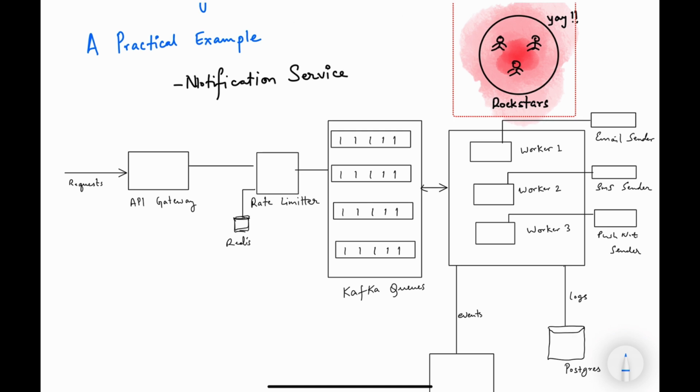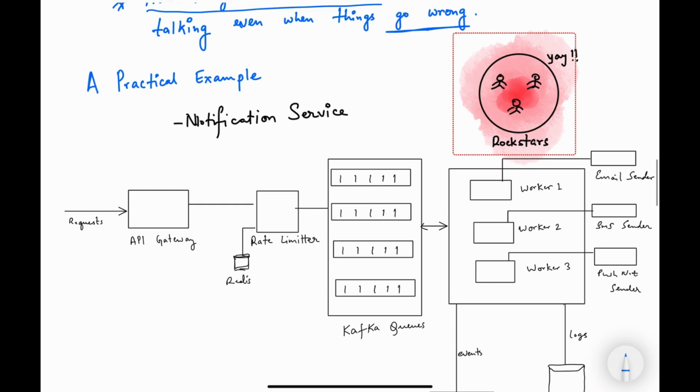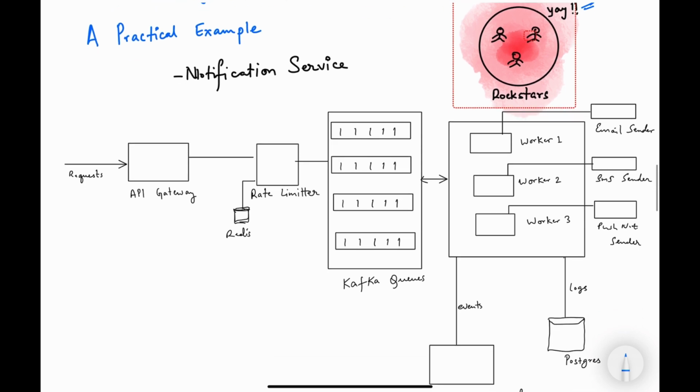In this example, let's say we have a team called Rockstars, and they get a project to build a notification service for an e-commerce website. The team is very excited and they start building the notification service.